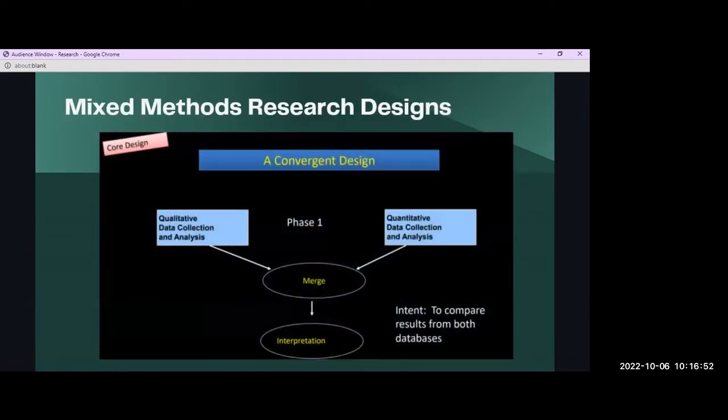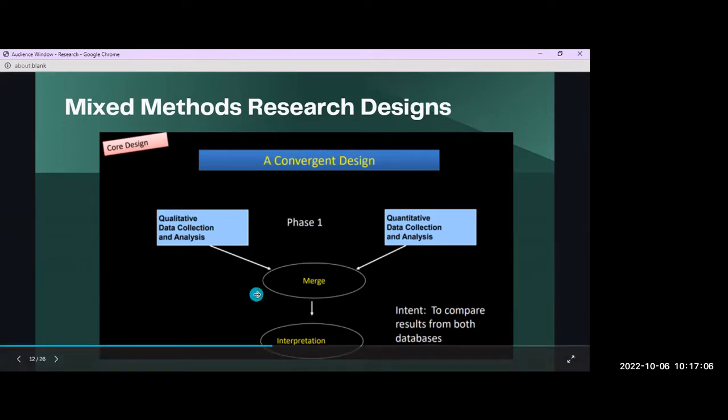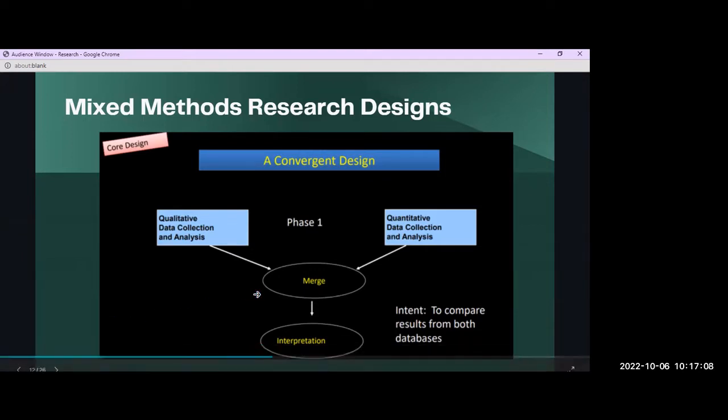In the mixed methods research design, there are three core designs. The first is convergent design. When we talk about convergent design, in phase one you have, at the same time, the collection of both qualitative and quantitative data.